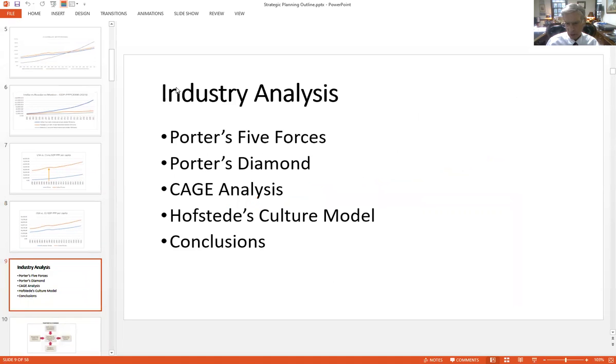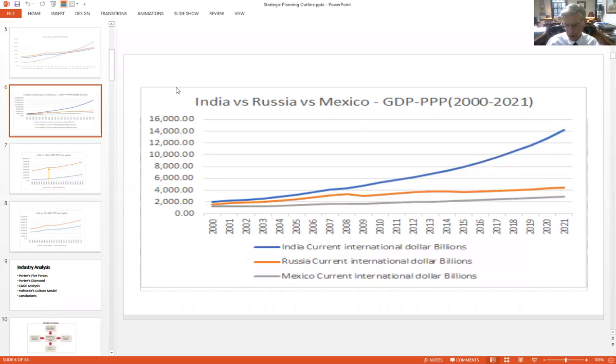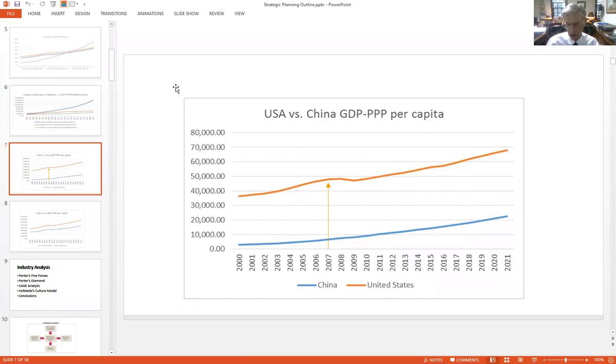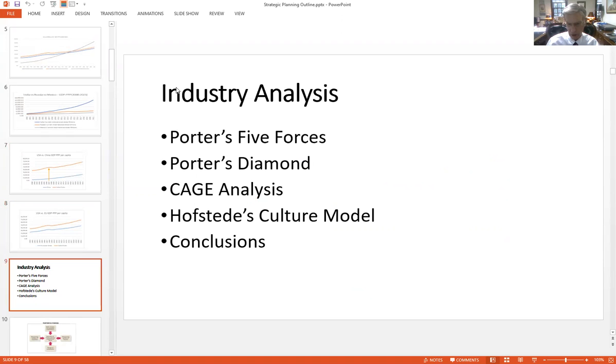Now let's go back and take a look at India. And we see that even though it's moving ahead at a breakneck pace, India's rate per capita is only about $12,000. So compared to those others, India still has a long way to go. Here is the US versus the European Union. I guess we already looked at that.